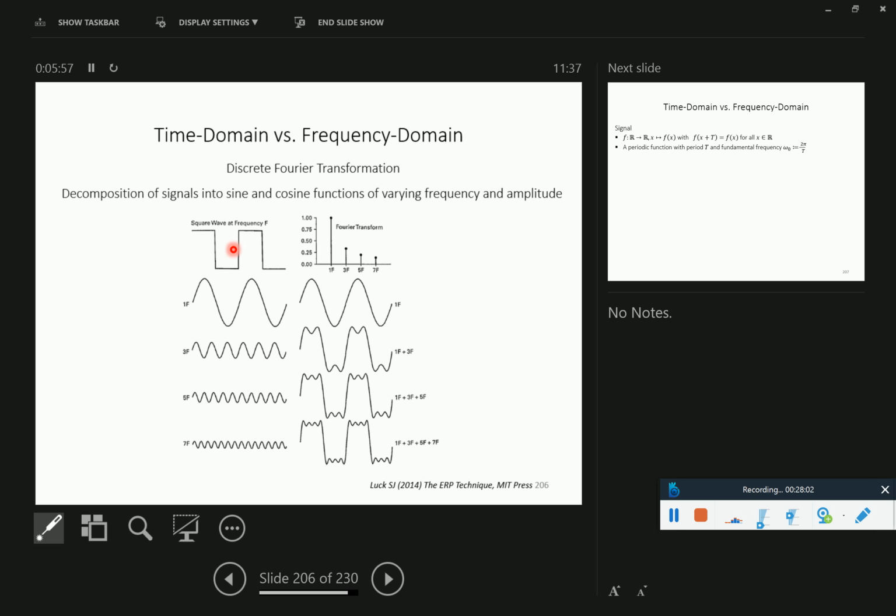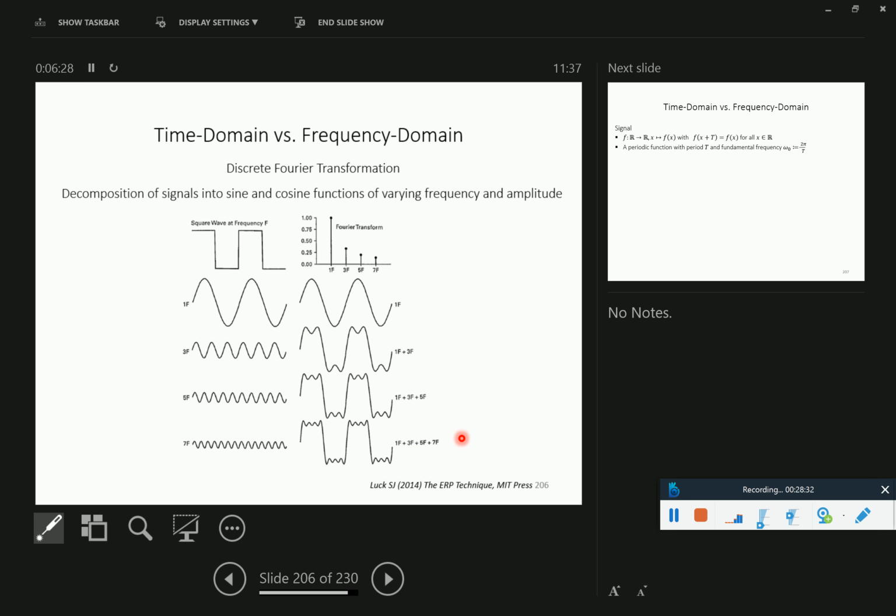I think you actually cannot recreate the square wave completely. Can you, Lena? Can you create the square wave? Does it work? I'm not sure right now. I don't think it really works. There's kind of a limit. But the idea is again the same, that you use these varying frequencies with different amplitudes to create a signal that looks like a signal that you observe.